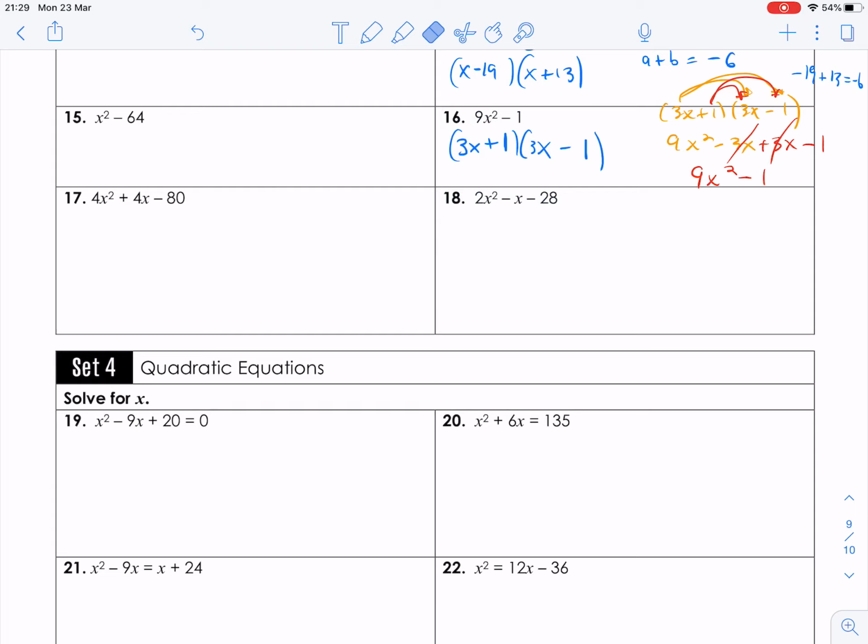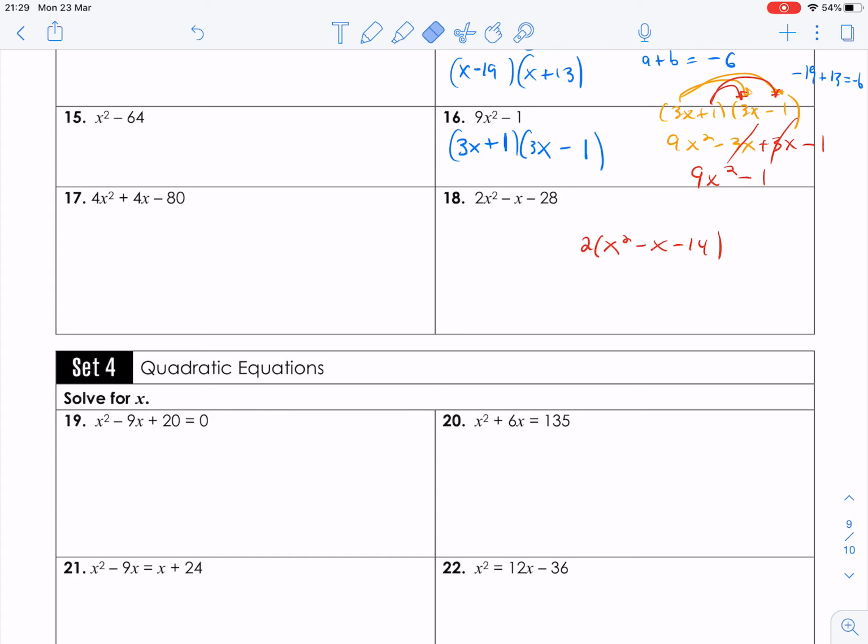So say, for example, I had 2x squared minus 2x minus 28. I could factor out a 2 and have x squared, because 2x squared divided by 2 is x squared, minus x minus 14. So that's the first thing you should do, if you can, but you can't in this case.